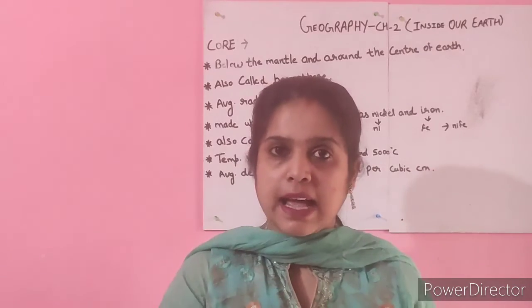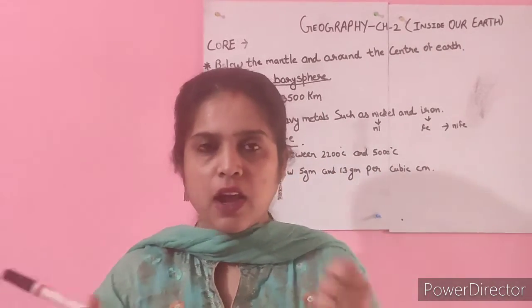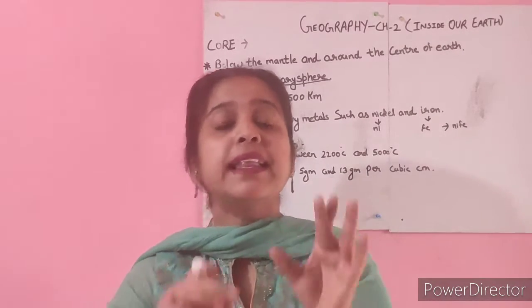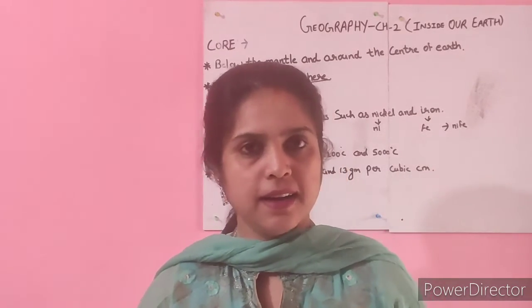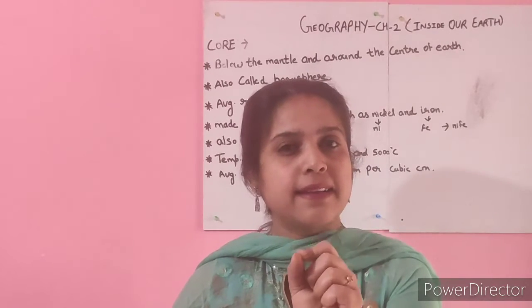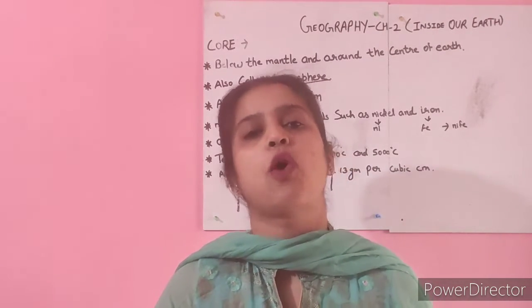Now, inside, when you peel off the egg, you get the white thick part which we eat. Compare that white thick part to the mantle. Clear? Now, at the center, the egg yolk, the yellow part, is called the core.